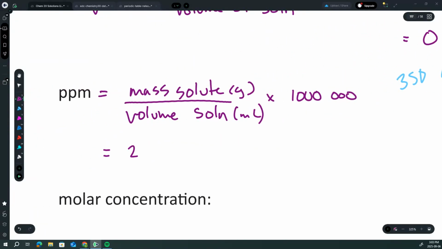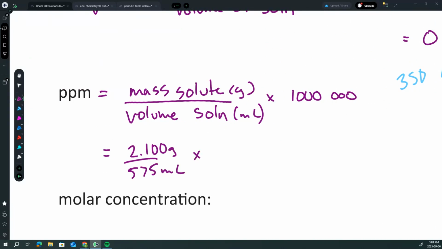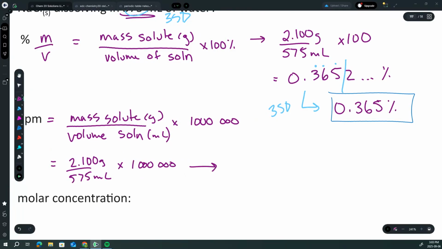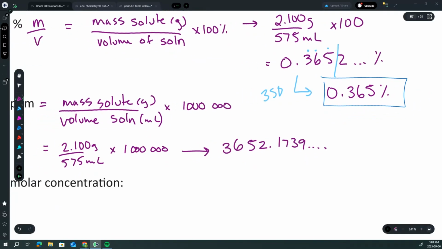So we're going to take 2.100 grams divided by 575 milliliters times by 1 million, which once we do that, we get 3,652.1739. Number keeps on going on forever.